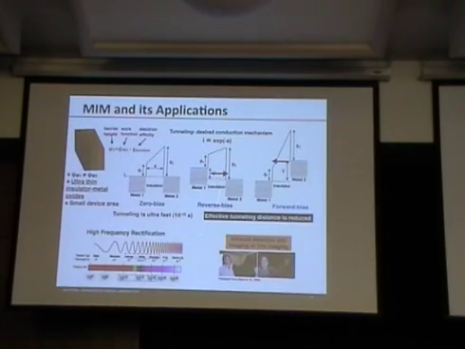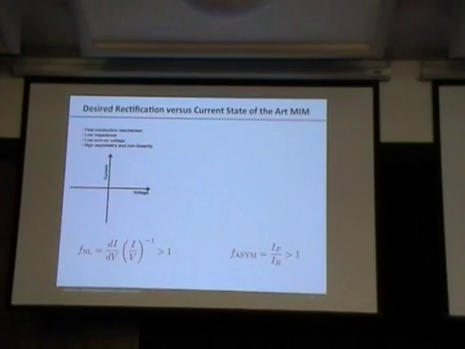And the basic concept is this: we have this insulator, we have two metals, and we want to basically couple these two with our incident radiation and move charges across. So if you think about what you need to do that task, you want a diode that's close to the ideal, that is to say it turns on really nicely.